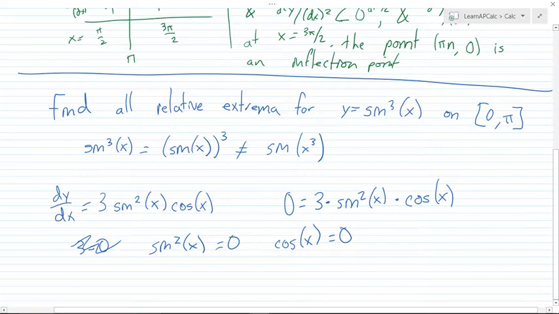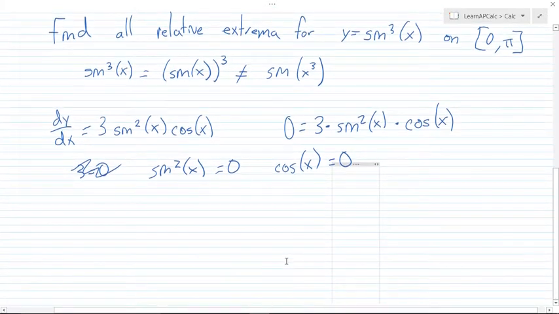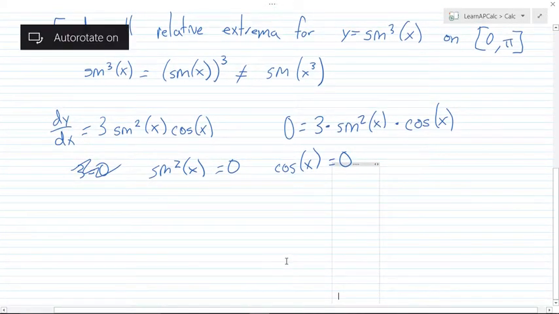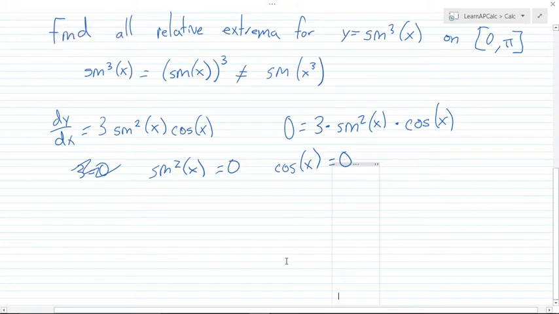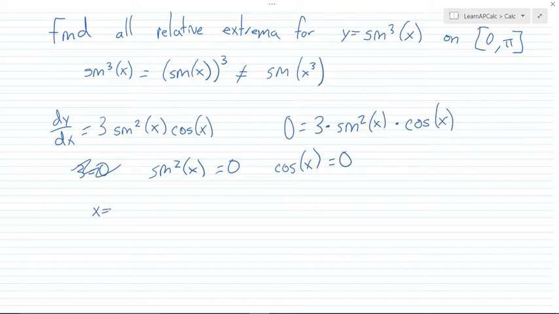Okay. So now we just need to basically solve for these. Alright, so it's asking between 0 and pi. So where does sine equal 0 between 0 and pi? Well, at x equals 0 and x equals pi.